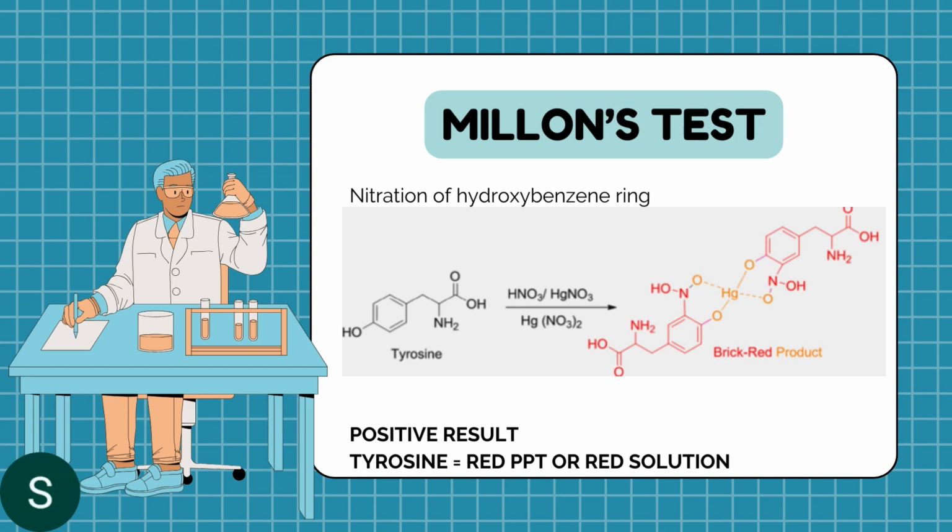Okay? To make sure that it is tyrosine, you need to add your sodium nitrite. Upon addition of the sodium nitrite, your two nitrated tyrosines condense with the mercury, to form your mercuric phenolate. Okay? You have to remember that.